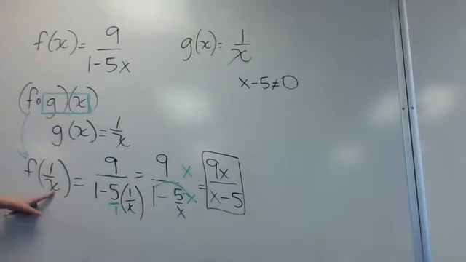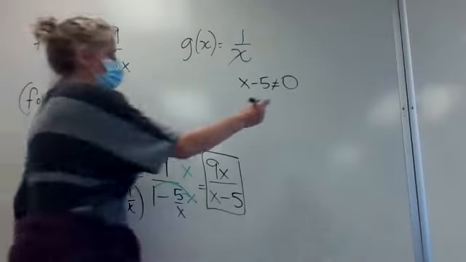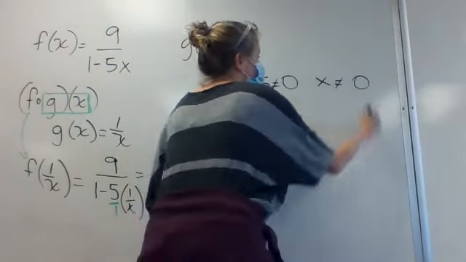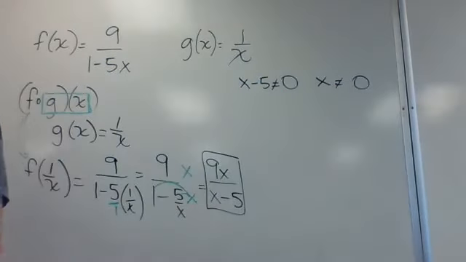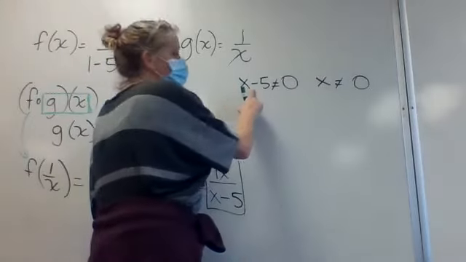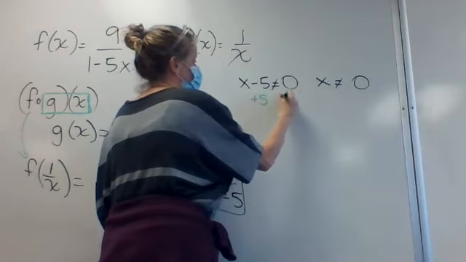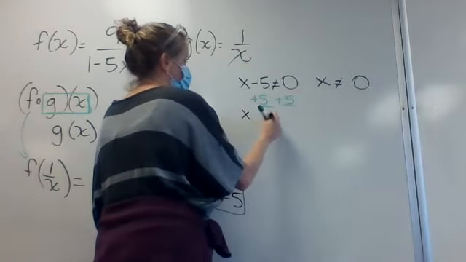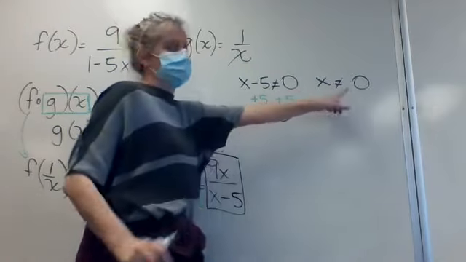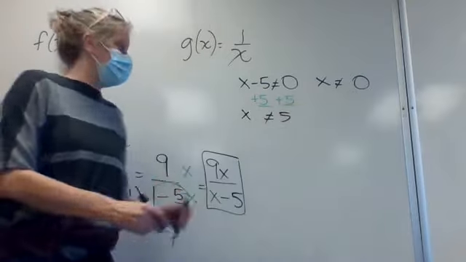What you plugged in to get to that final answer, and it has an X in its denominator too. So this denominator, which is this X, can't equal 0. Solve this. So just add the 5 to both sides. So X can't equal 5. This one's already solved. X can't equal 0.